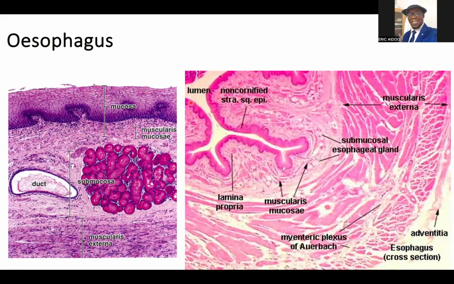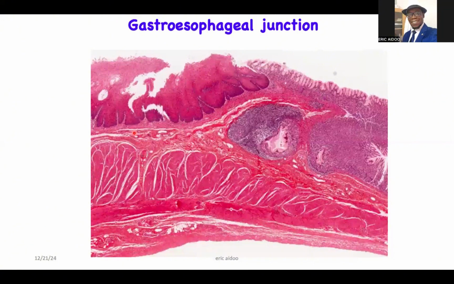If you can see the entire lumen, then that is a cross section or a transverse section. If you don't see the entire lumen, the lumen is like an open space and the whole structure is continuous or running along, then that becomes a longitudinal section. So we are not seeing a complete lumen here, so this is a longitudinal section.